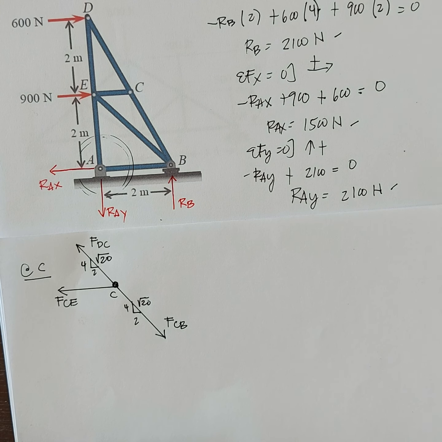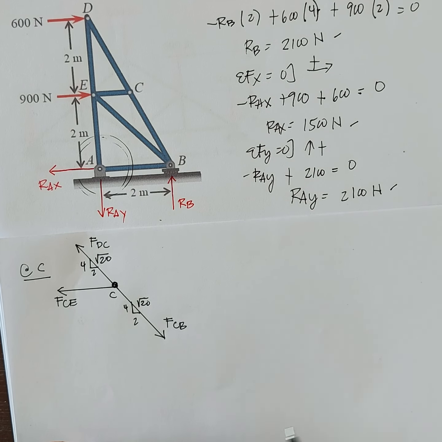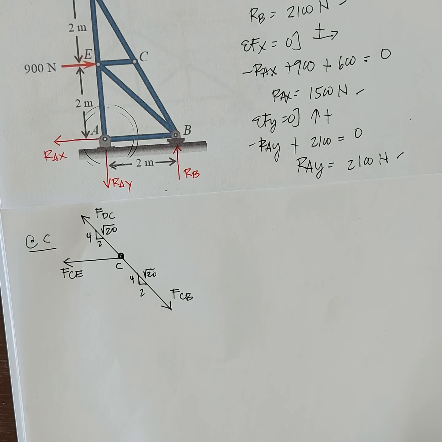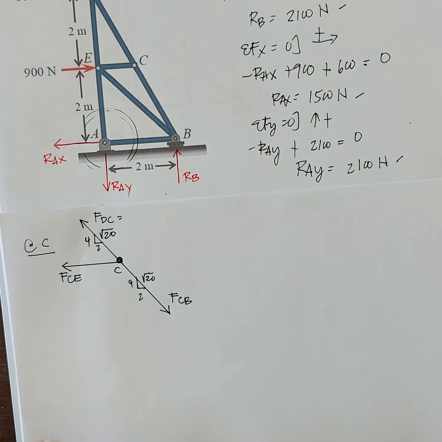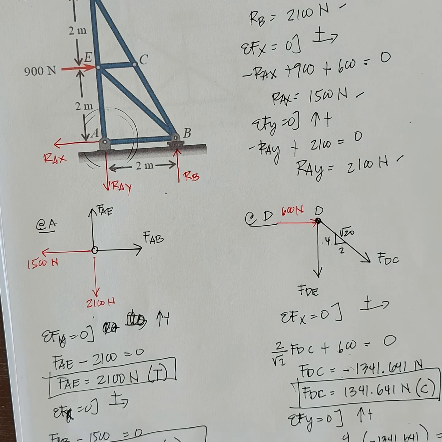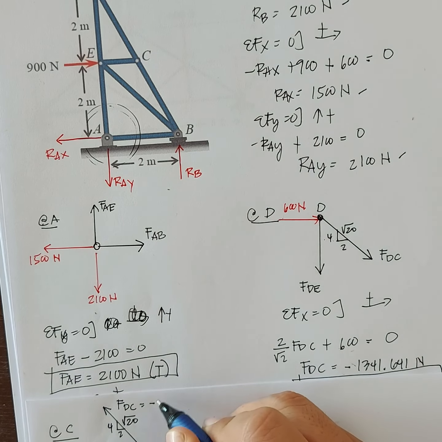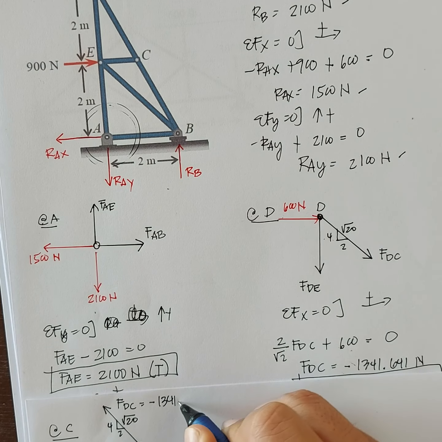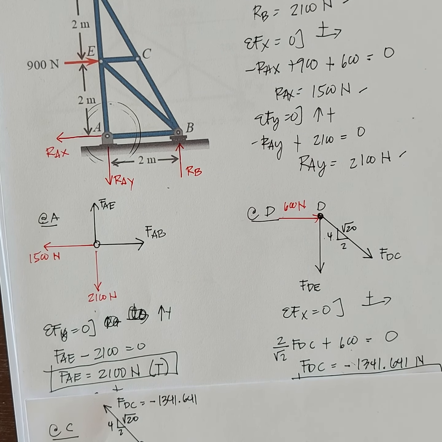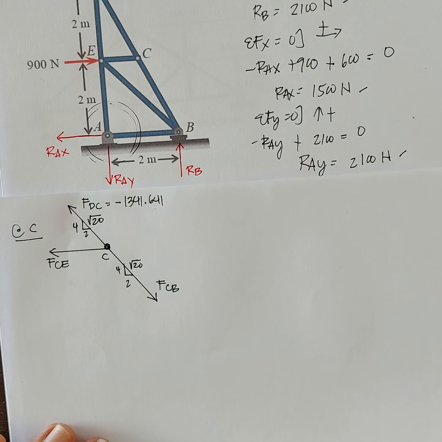Okay. Right. So, ano yung FDC? FDC is negative 1341.641 newtons, yung FDC natin.